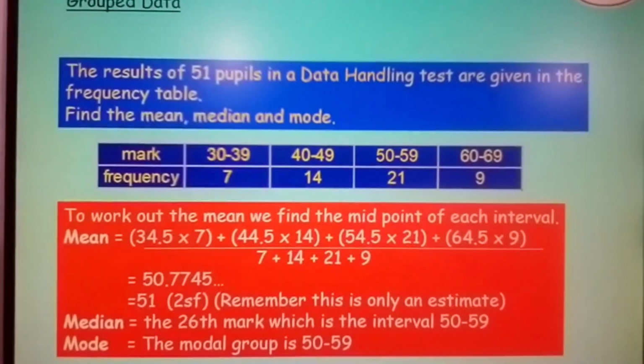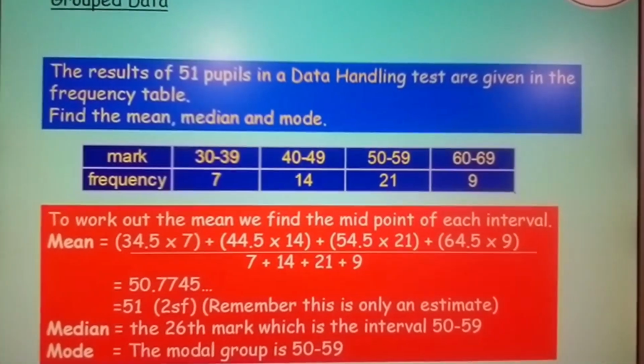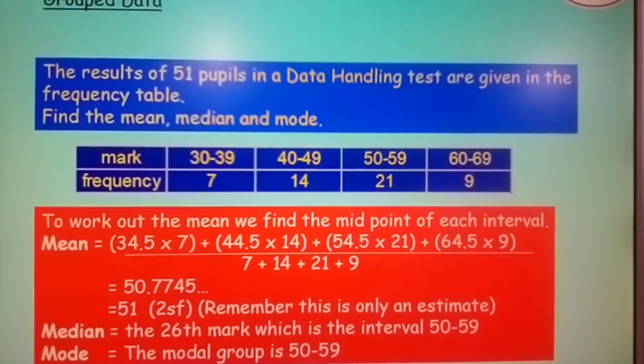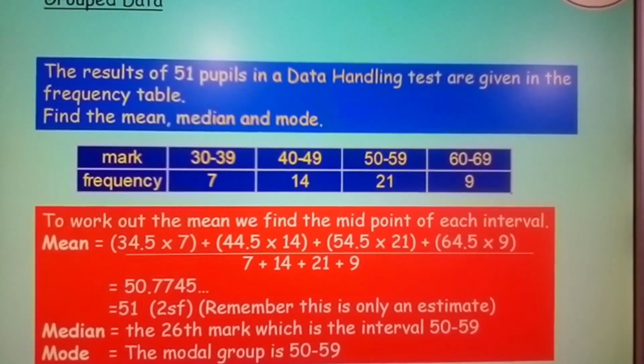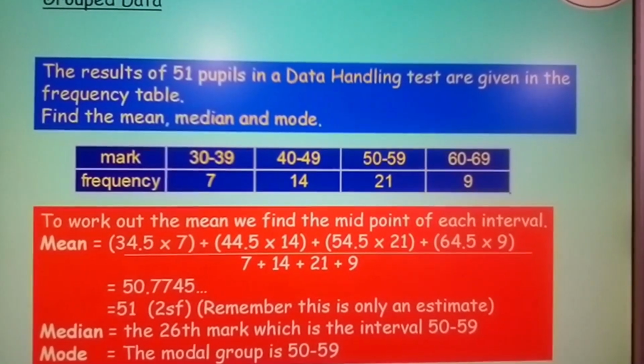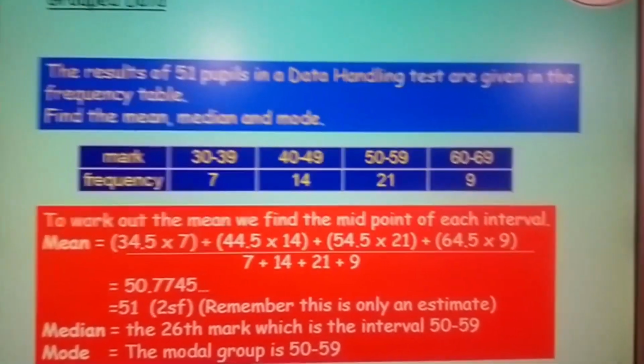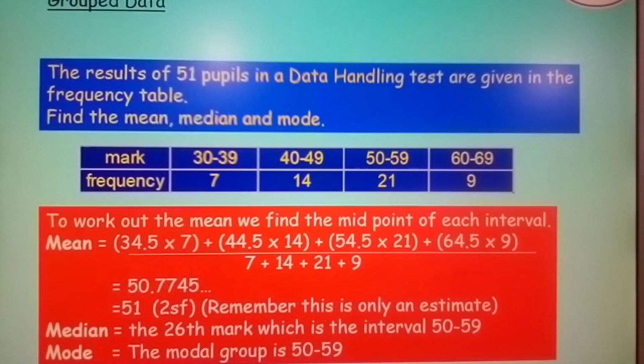Right, I've done a little bit on this previously already, so I'm not going to stay too long on this. To work out a mean, we find the midpoint of each interval. Mean equals 34.5 times 7, plus.